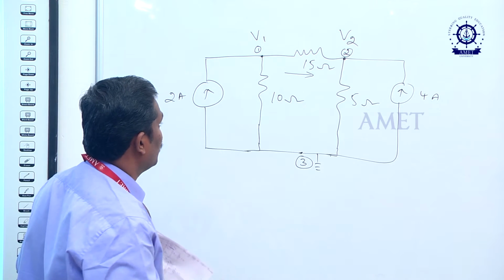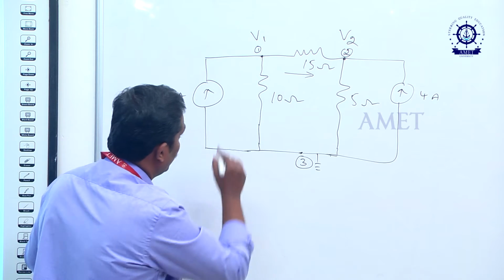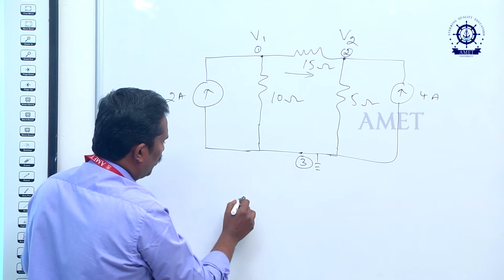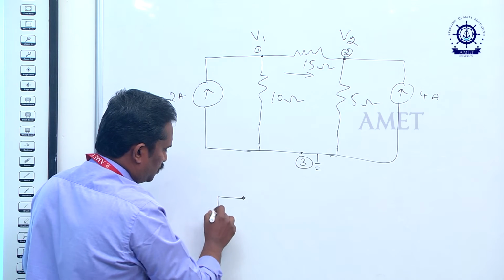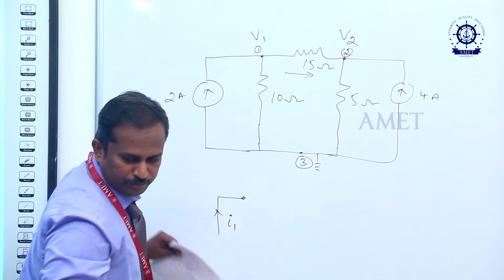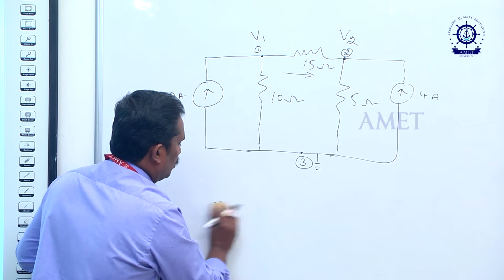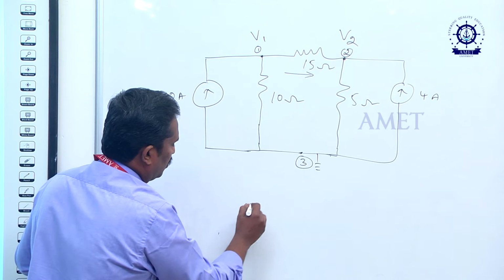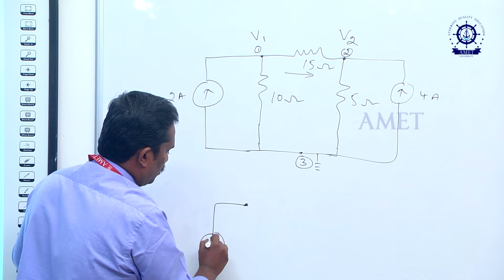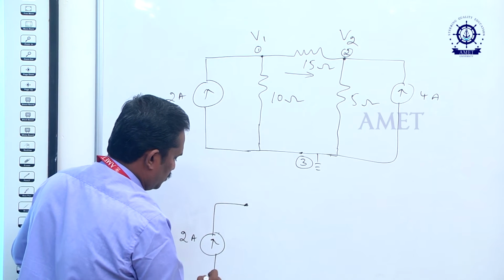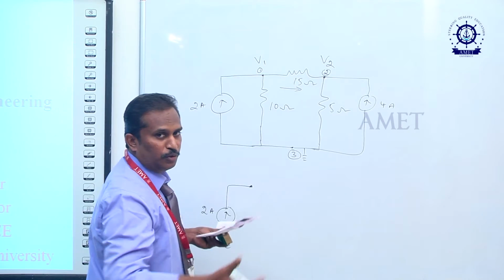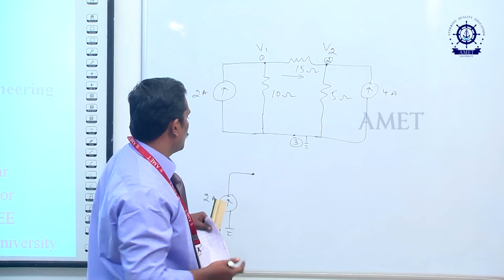First take the first node. In this node, we have one 2 ampere current source. We will split the circuit into 2. First we will consider node 1.